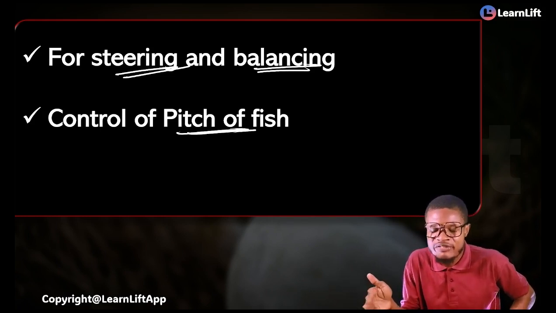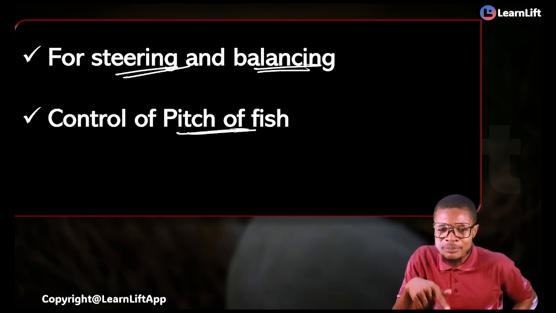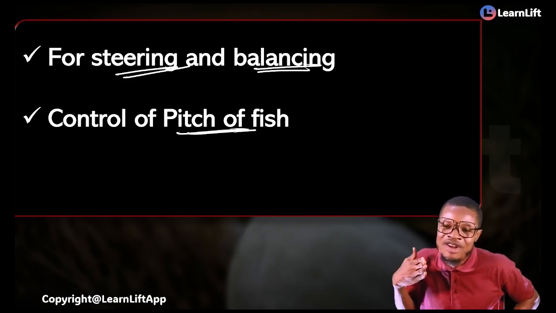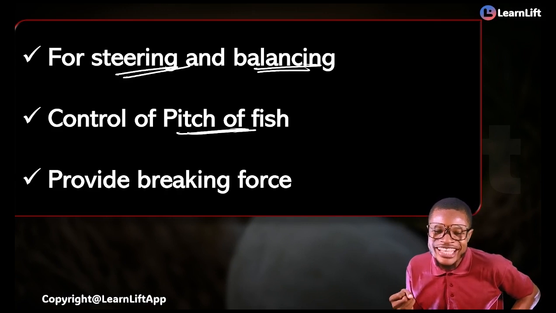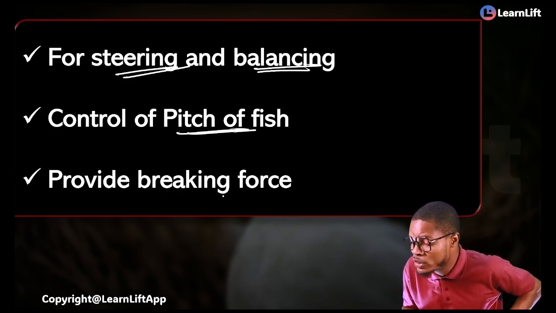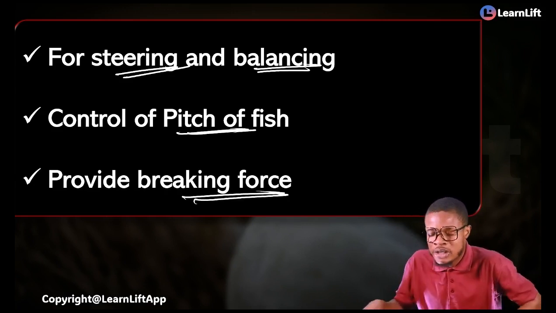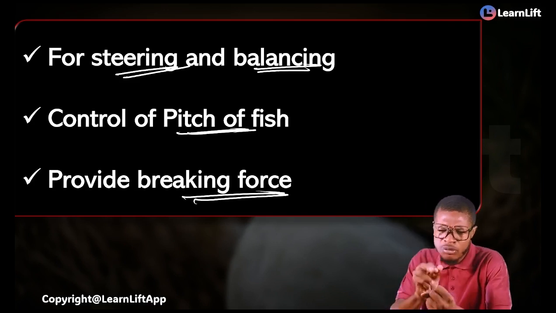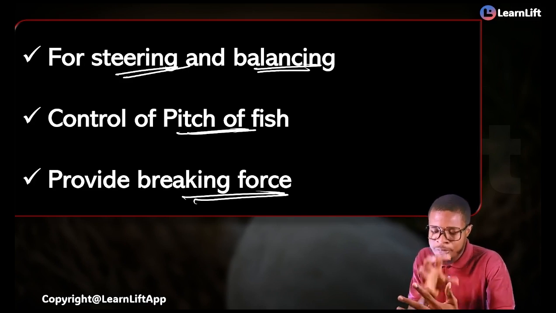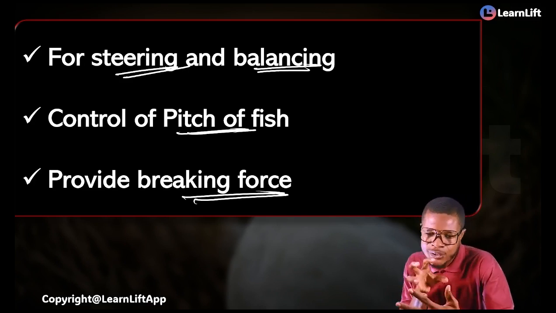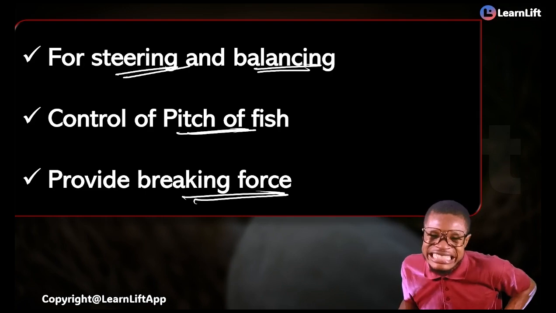The pectoral and the pelvic fin. And if they are running, what makes them brake at once? It is the pectoral and the pelvic fin. So they provide braking force. What provides braking force? The fish is moving, it sees danger and then wants to brake at once. That braking force is coming from the pectoral and the pelvic fin.